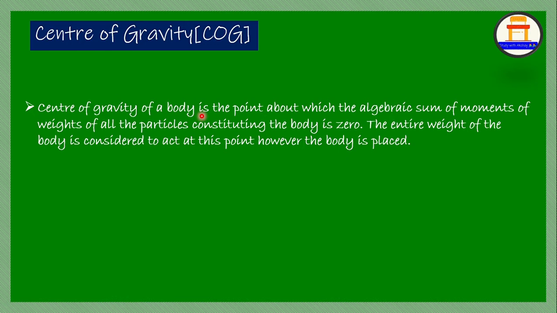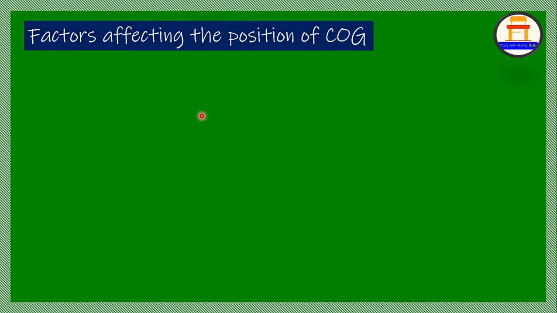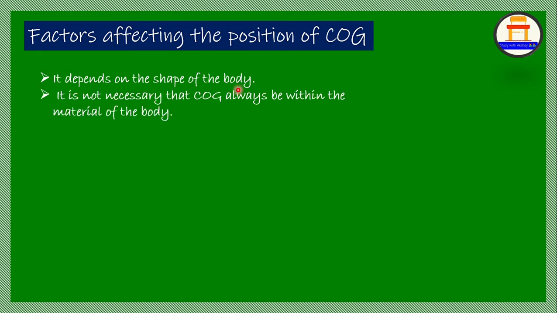Moving ahead, factors affecting the position of center of gravity. Here I have abbreviated it as COG just for shortcut; you can write it as center of gravity. What are the factors? First, it depends on the shape of the body. It is also not necessary that the center of gravity always be within the material of the body.